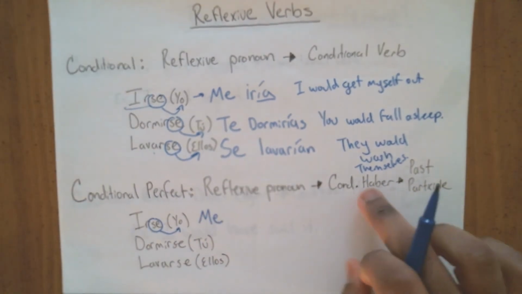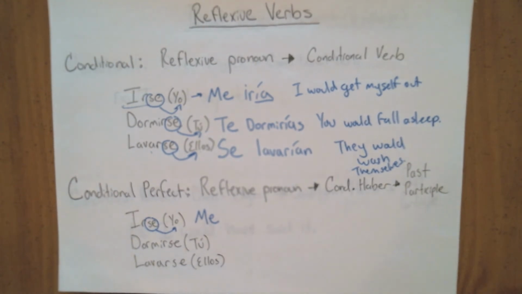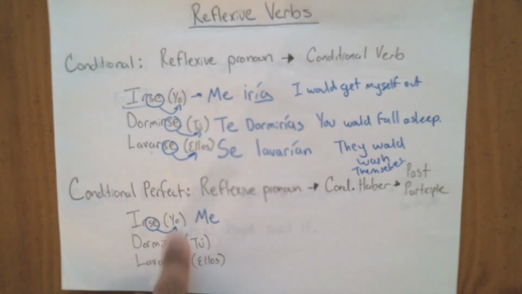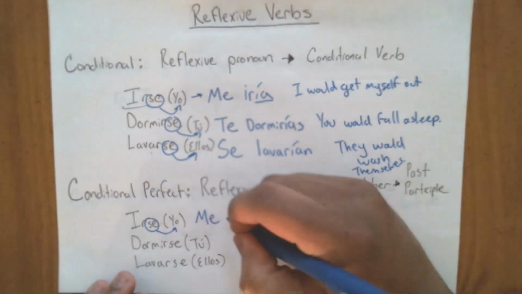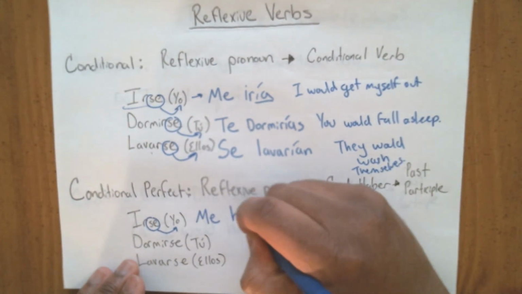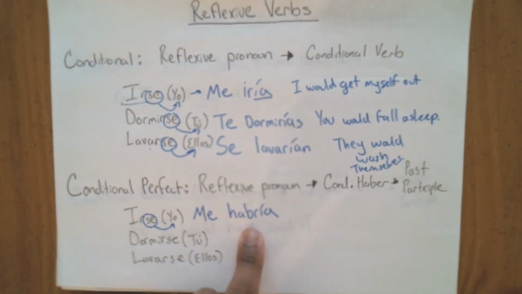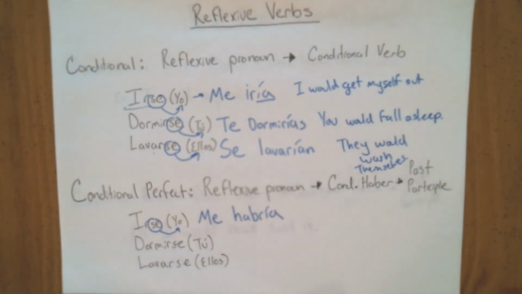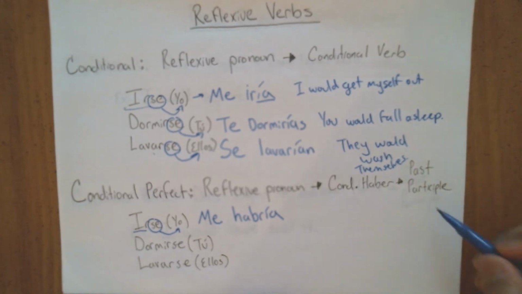And then we take our conditional form of haber. Now, what form of the verb do we need? We need the yo form, of course. And if you go back to the chart a few pages ago and you see the yo form, it's just habría, which means I would have. This is the verb have in the would form. I would have, and then ir, we need to conjugate that in the past participle.